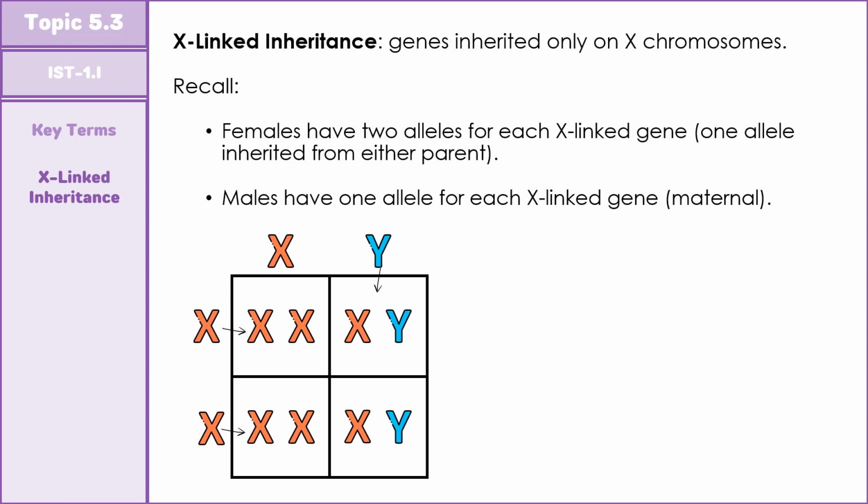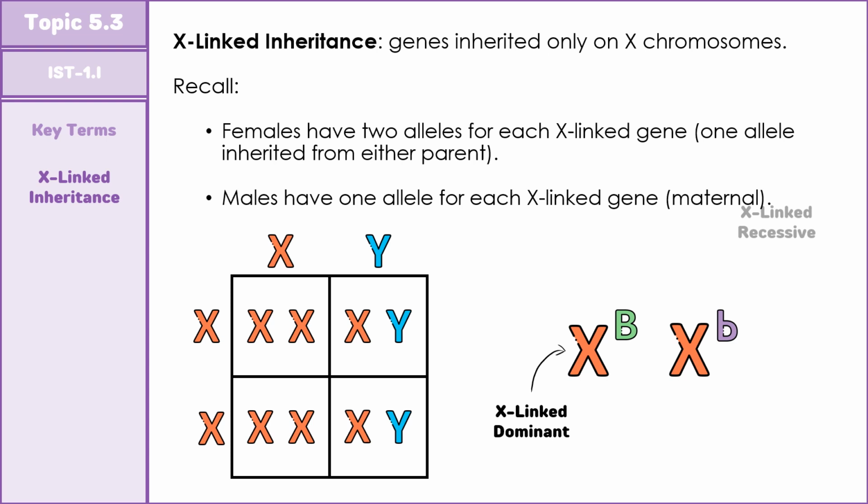They only get their X chromosome from their mother. So when we have genes that are carried along the X chromosome, we can represent them in a slightly different way. So we always write the X, but we have a little superscript there to tell us if our X trait is dominant, or a superscript lowercase letter to show that we are recessive.